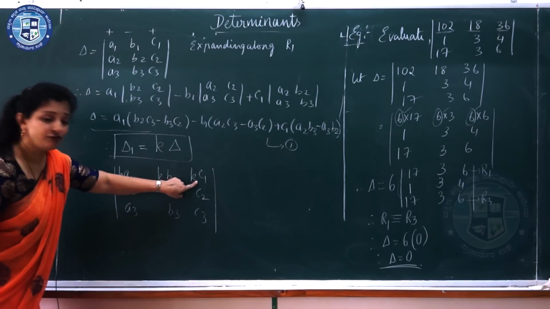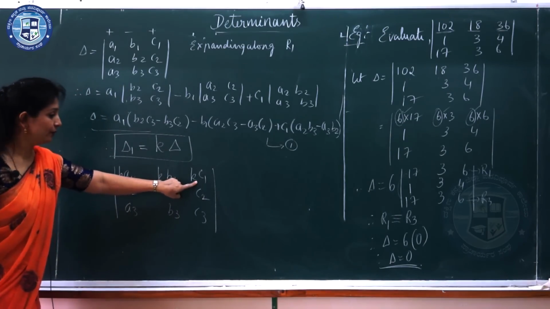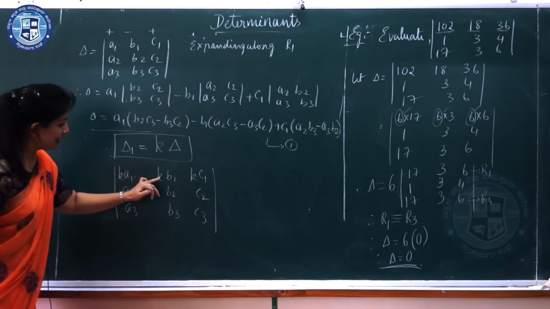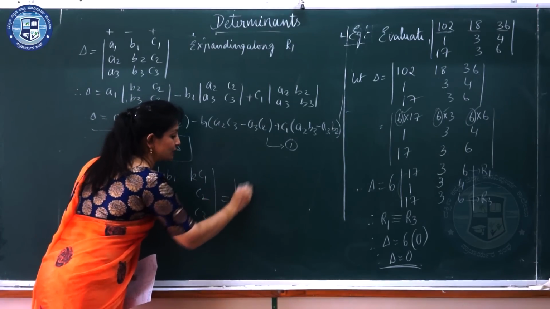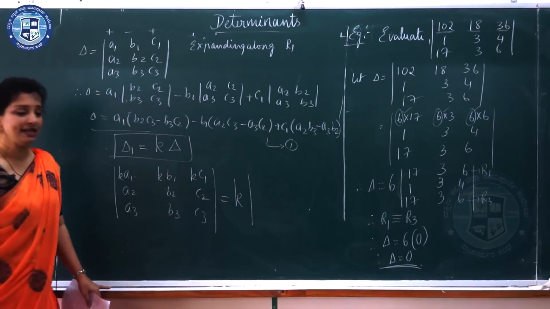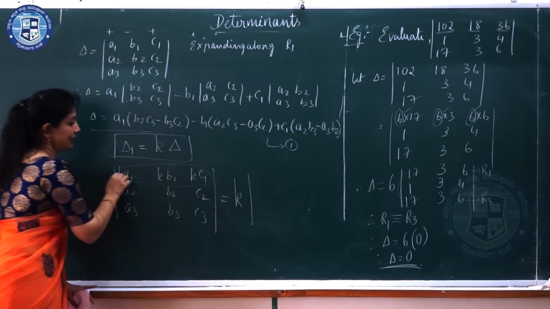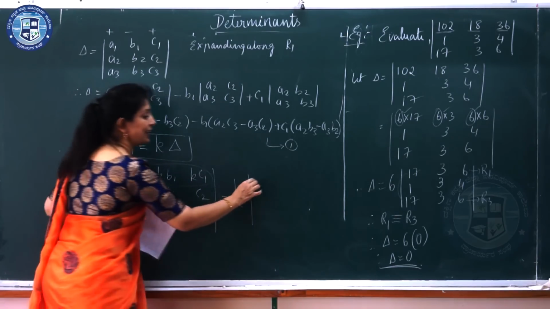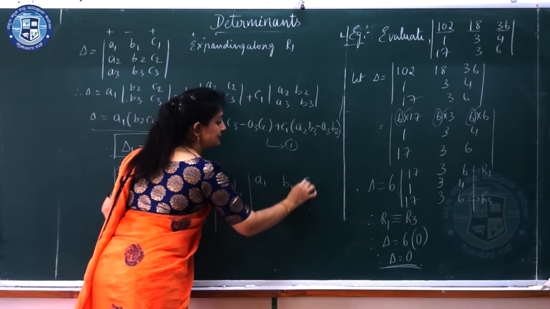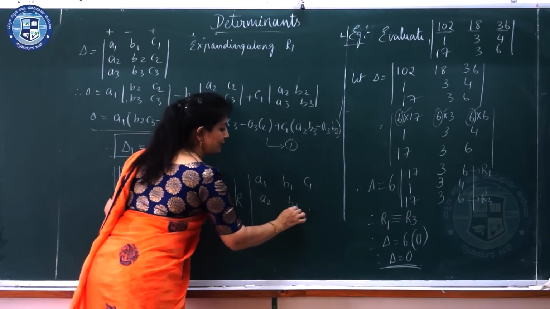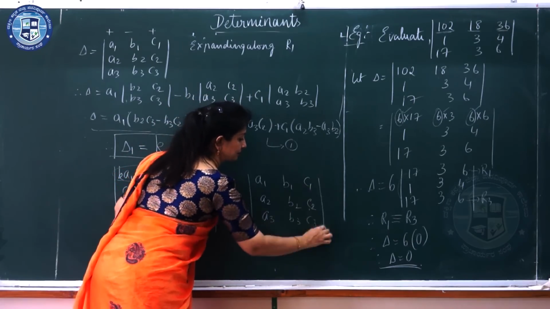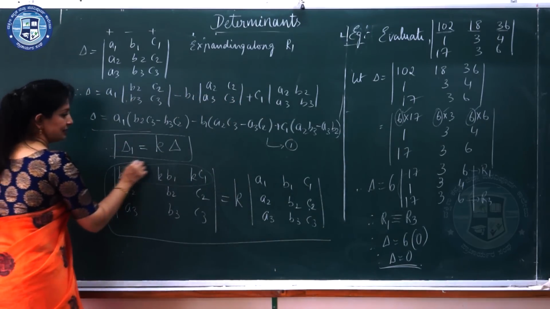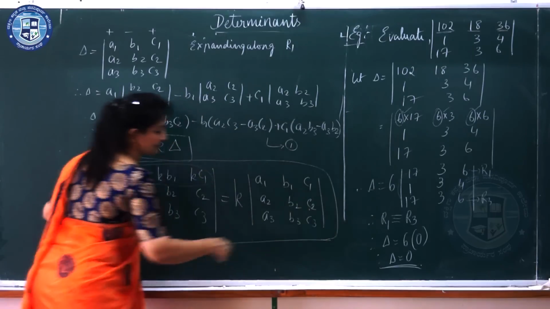If each element of any row or any column is multiplied by K, then K can be taken out of the determinant. From the first row, we can take out K and we write the remaining elements as A1, B1, C1, A2, B2, C2, A3, B3, C3. This is a very important result. Please make a note of this.